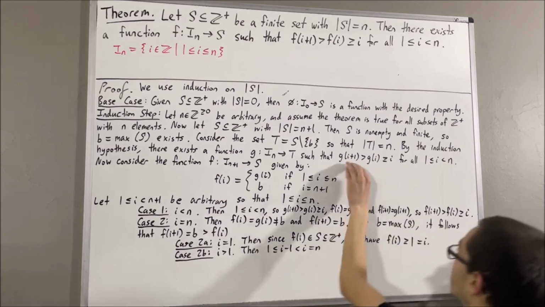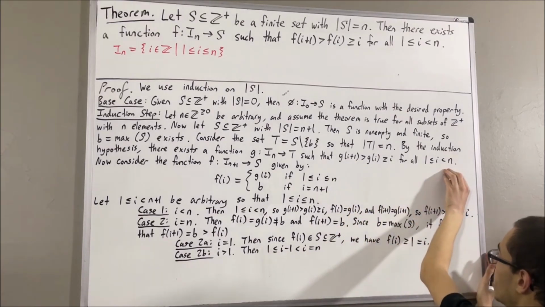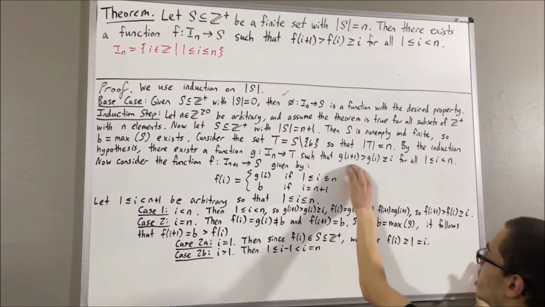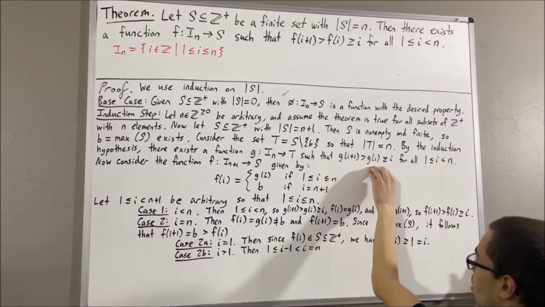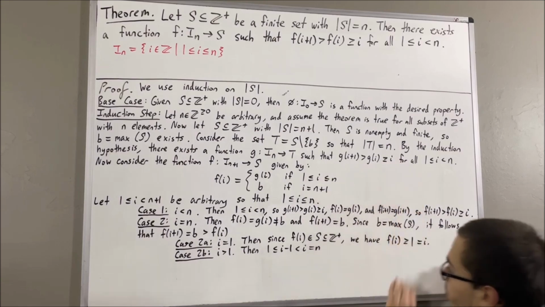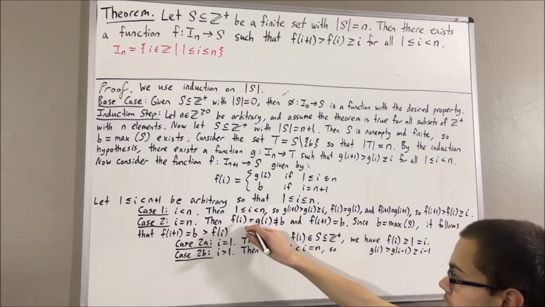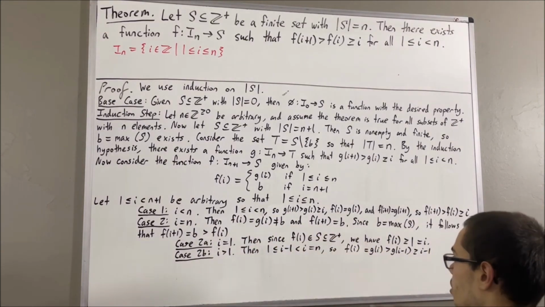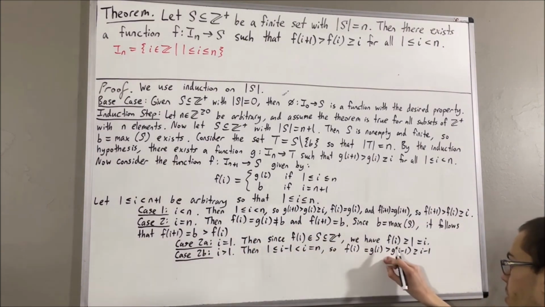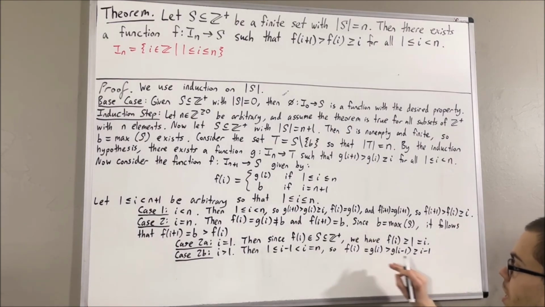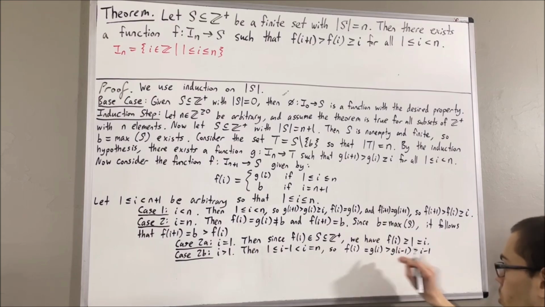So, using the fact that we know about the function g, if we replace i with i minus 1, we get that g of i is greater than g of i minus 1, which is greater than or equal to i minus 1. And from earlier, we know that f of i is equal to g of i. So this shows f of i is greater than i minus 1. And since we're working with integers, that implies f of i is greater than or equal to i.